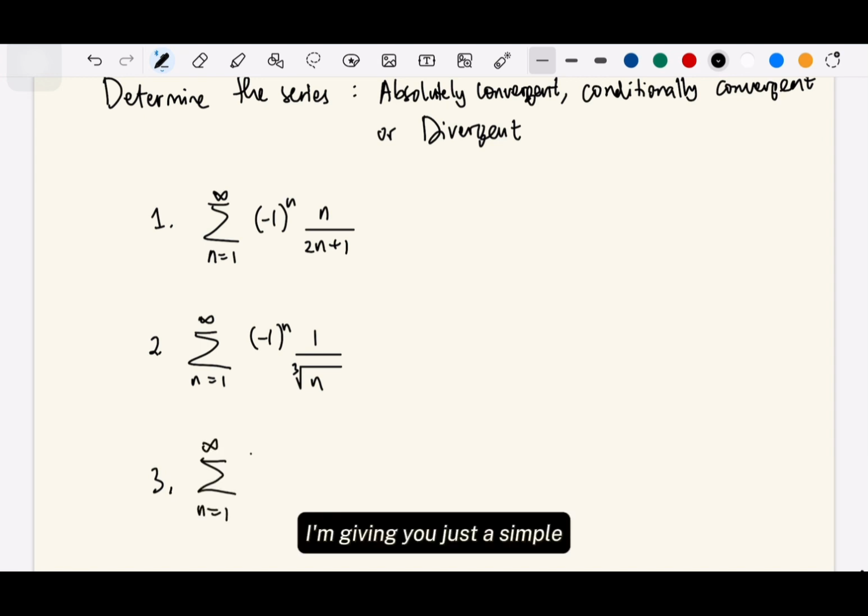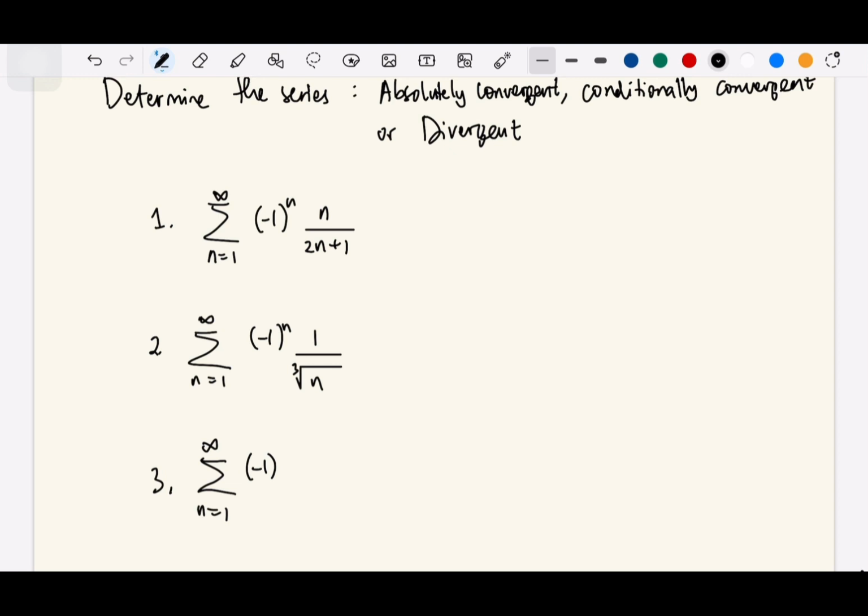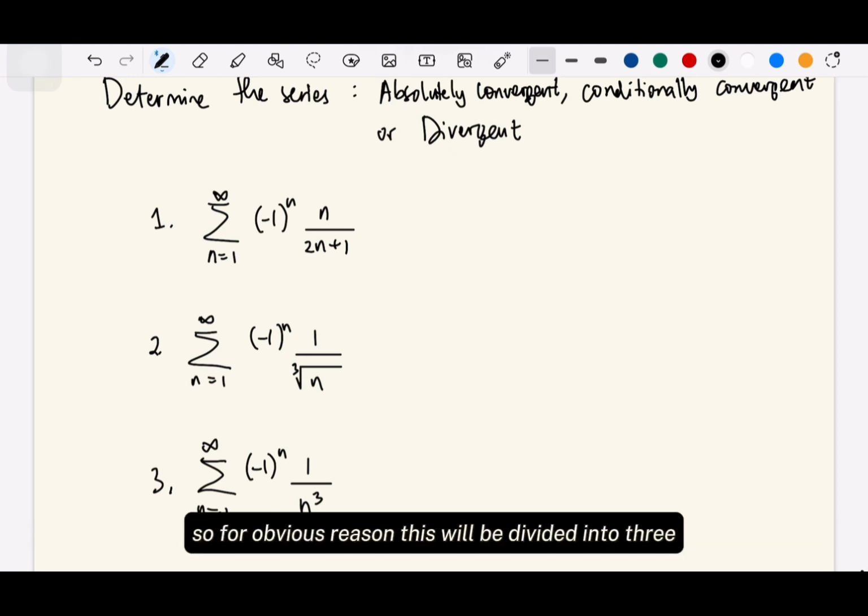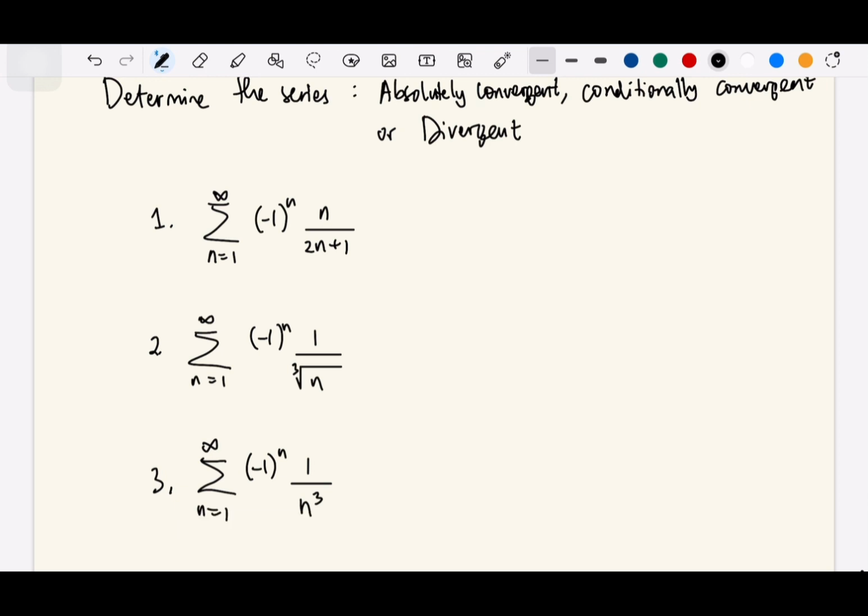I'm giving you just simple series. Okay, three questions. For obvious reasons, this will be divided into three: absolutely convergent, conditionally convergent, and divergent.